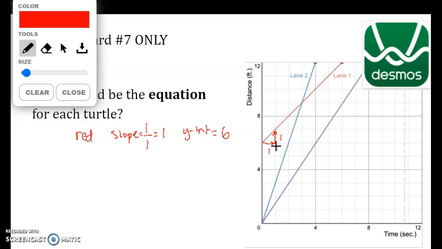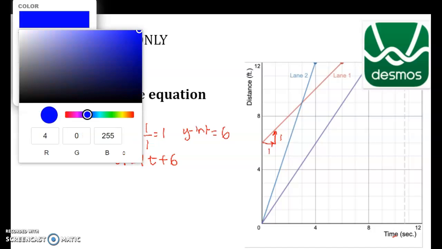So putting it together, the distance, instead of using y, I am using distance, is equal to, what is the slope? That's 1. And instead of using x, I am going to use t as my variable for time, plus what is b? It's 6.